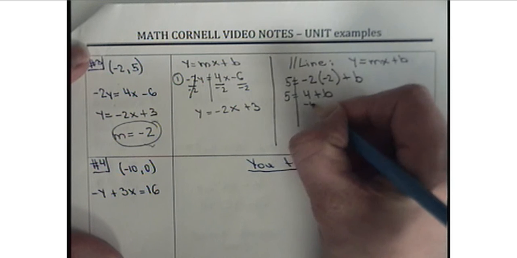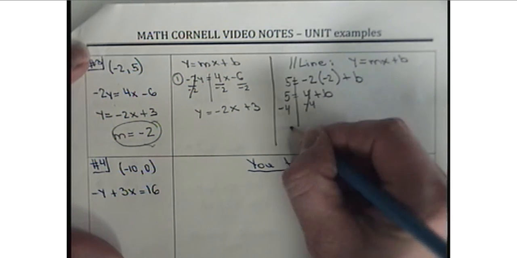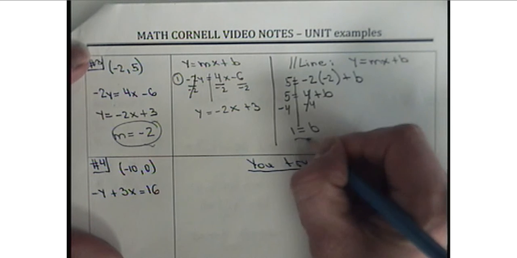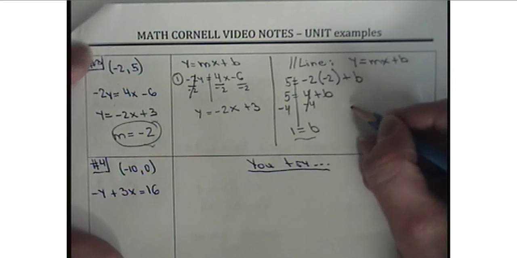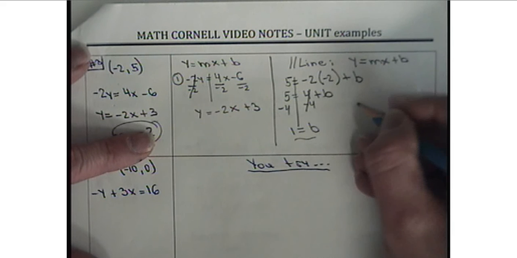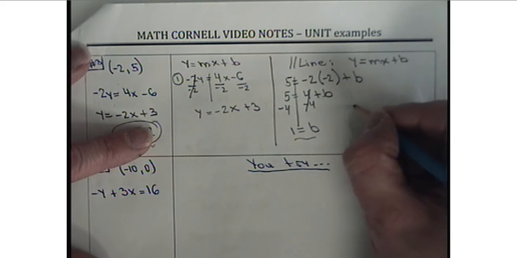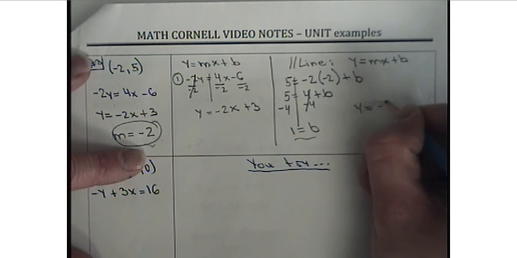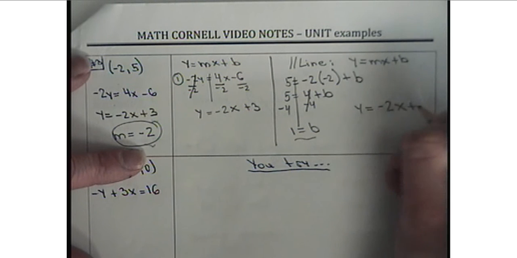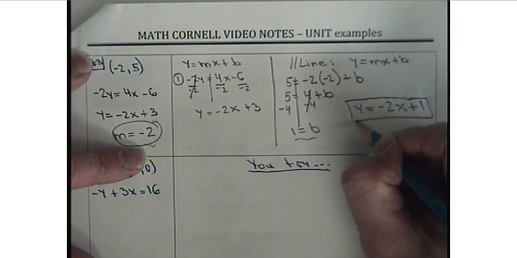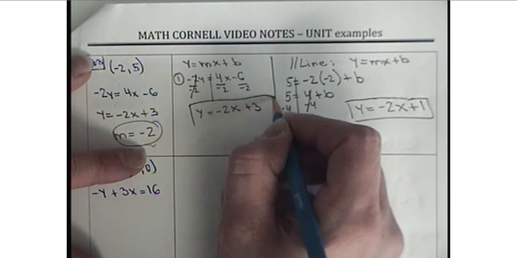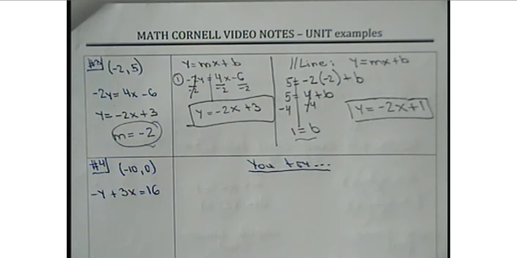Subtract 4 from each side, so 1 equals b. Then the equation of the second line will be y equals negative 2x plus 1. So this is the second line equation, this is the first one. Both of them have the same slope, and we are showing that those are two parallel lines.